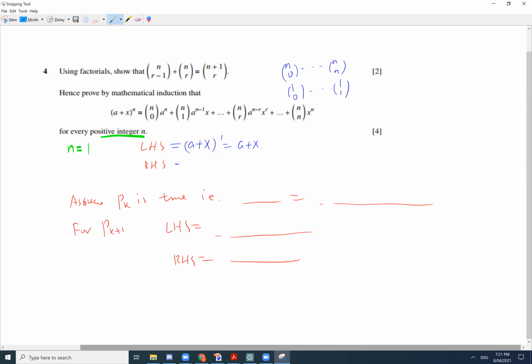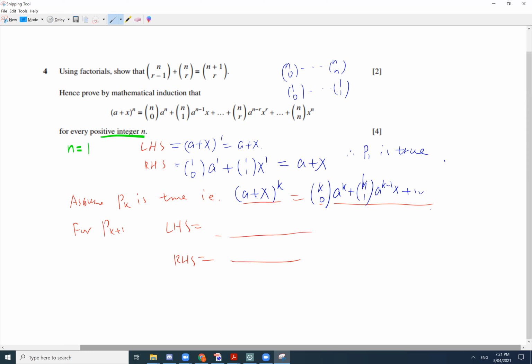So just 1C0 plus 1C1, same as a plus x. P(1) is true. P(k) is true: kC0 a^k, kC1 a^(k minus 1) x, up to kCk x^k. That's P(k).